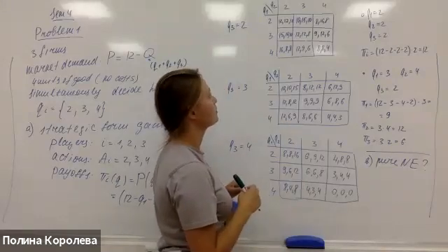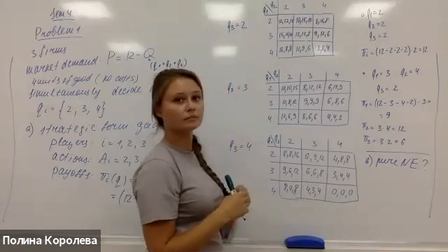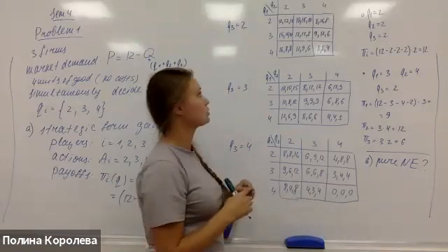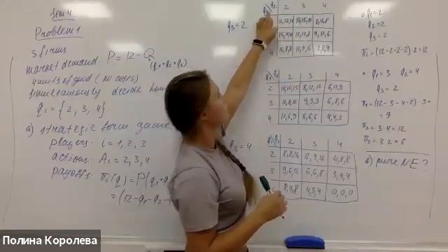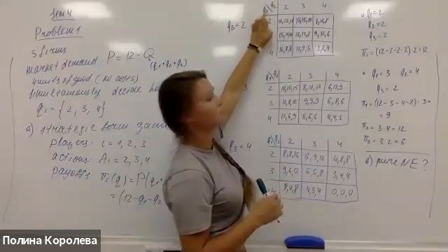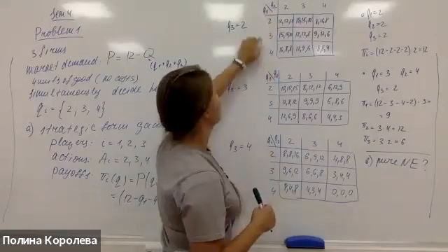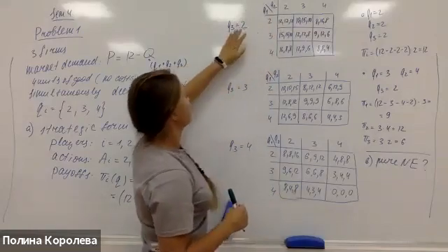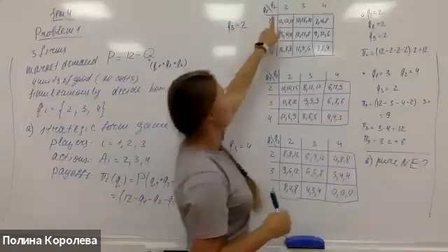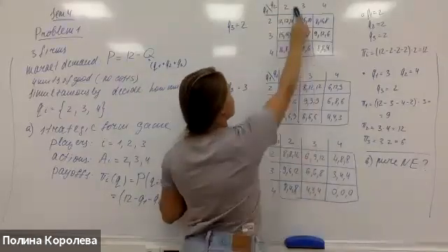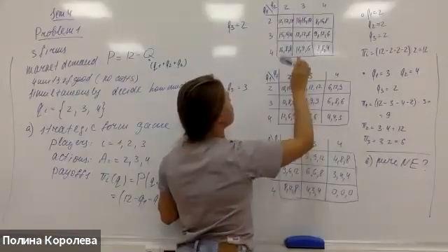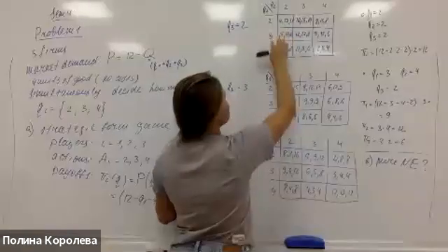What should we compare? We should compare the profits, payoffs of our first player. Once again, if the third player plays 2 and the second plays 2, what should the first player do, play 2, 3, or 4?